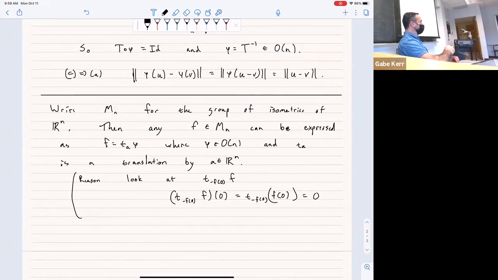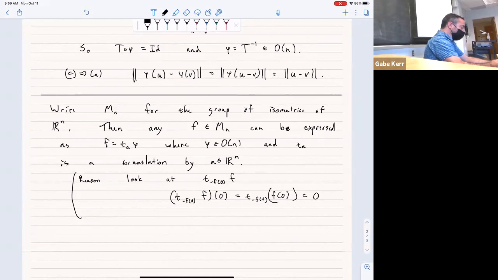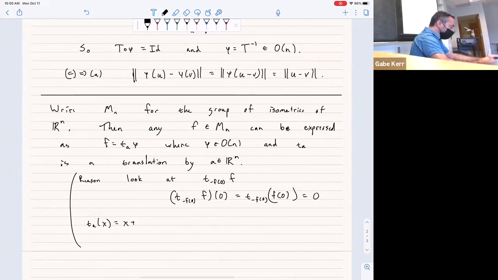I translate something by its negative, I'm translating it back, adding negative f of 0 to f of 0. Maybe this is confusing. Let me just, what is T of A? T of A of a vector like x, this is just x plus A, a translation.